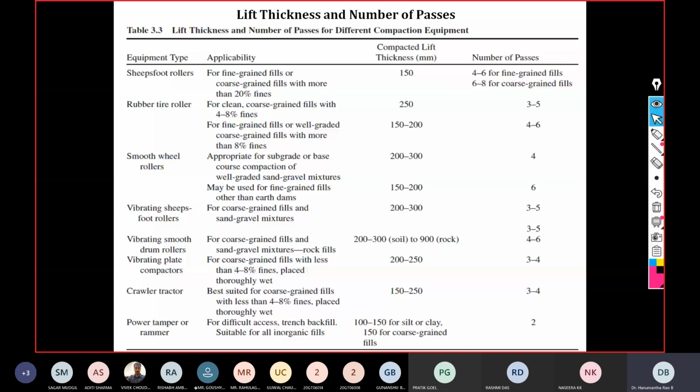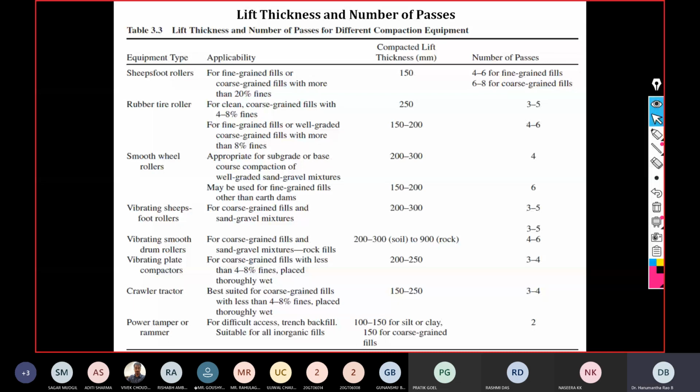Now, if you look carefully at this slide, a lot of things you can understand. First of all, what kind of equipment you should select for what kind of soil, and what should be the role of percentage fines in an overall sample. What should be the minimum and maximum thickness of a lift, and what are the minimum and maximum number of passes that shall be applied.